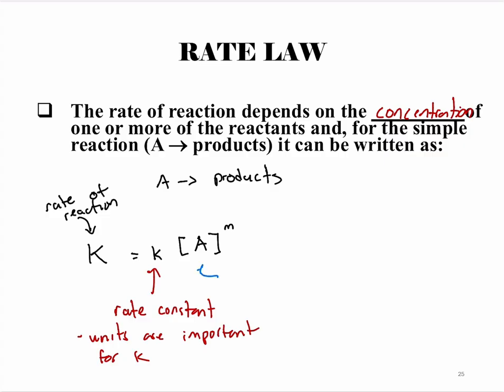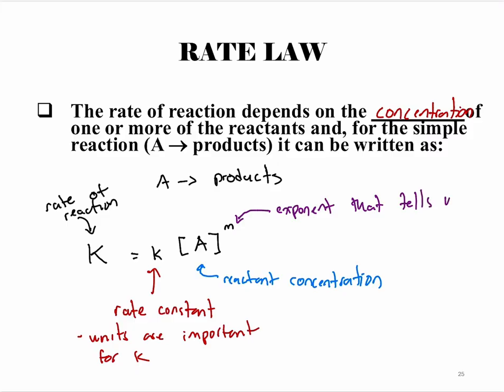So A is our reactant concentration, and then m is an exponent that tells us the order of reaction.